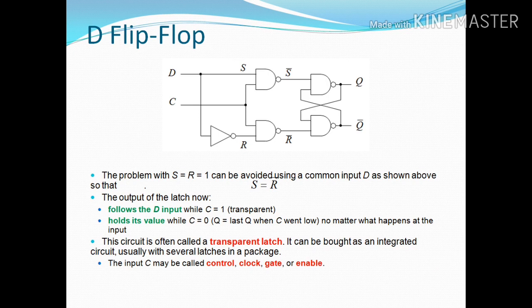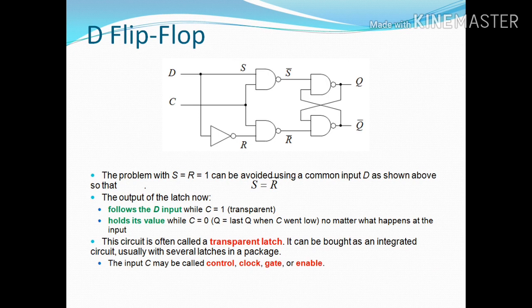Now I am telling you about the D flip-flop. It is just like the RS flip-flop, but just one input will be there: set will be normal and reset will come through a NOT gate. It is also clock enabled, and the case when R equal to 1 and S equal to 1 can be avoided using the input D. It's shown that if I give S equal to 1, then obviously R becomes 0 because it passes through a NOT gate.